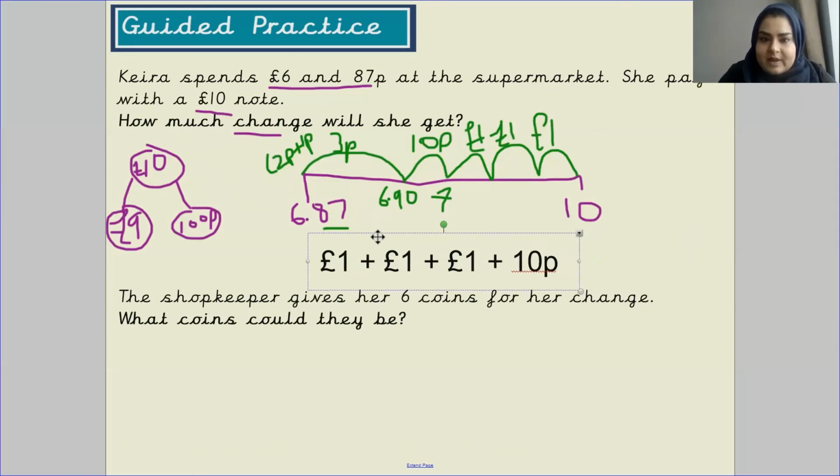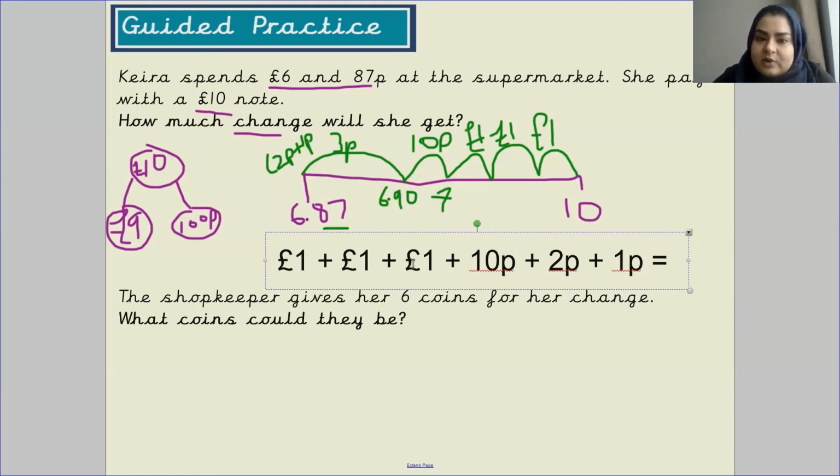Remember I said 3p, but we don't have a 3p coin. We use the other coins that we have. So I'm going to use a 2p and a 1p, which means my answer is £1 add £1 add £1 is £3. £3 add 10p is £3 10p. £3 10p add 2p is £3 12p. And then add the 1p is £3 13p. Okay.